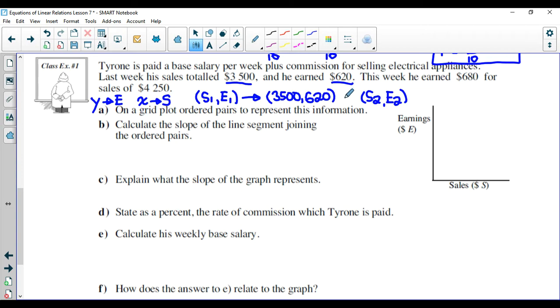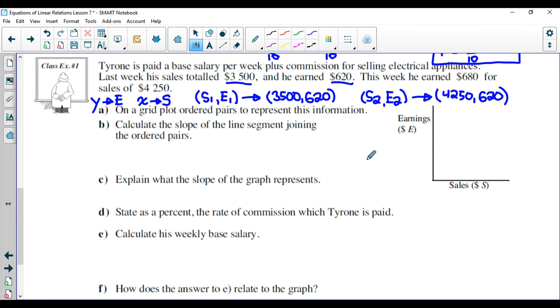Again, instead of writing X2 comma Y2, we're just using the variables that match up with the physical problem here. In the second week, the sales were 4,250, and then the earnings were 620.